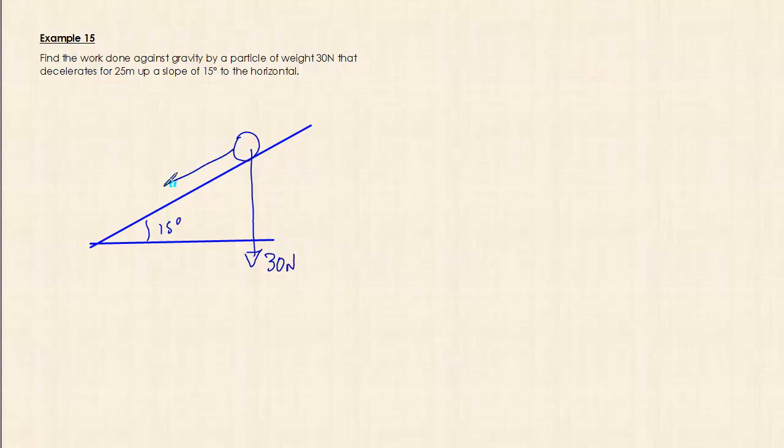So the angle between the direction of movement and the weight is 75. So work done is going to be F dot S. In this case, the force is the weight. So that's going to be the modulus of F times the modulus of the displacement times the cosine of the angle between the vectors.